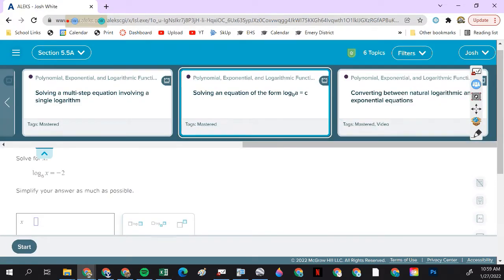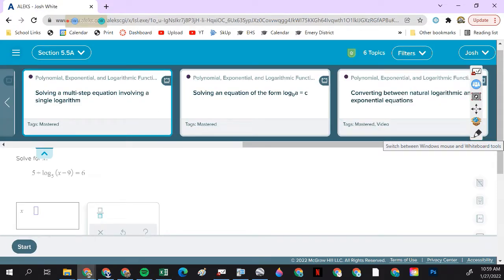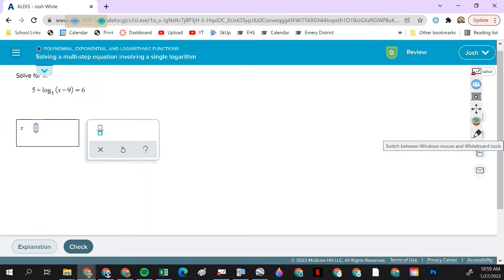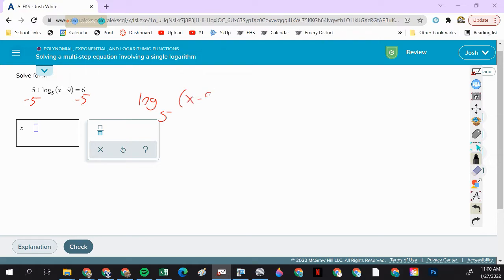Okay, and then they get a little bit harder. Can I convert to exponent right here? No, I can't. Yeah, I got to get the 5 out of the way. So let's subtract 5. So log base 5 of x minus 9 is equal to 1.